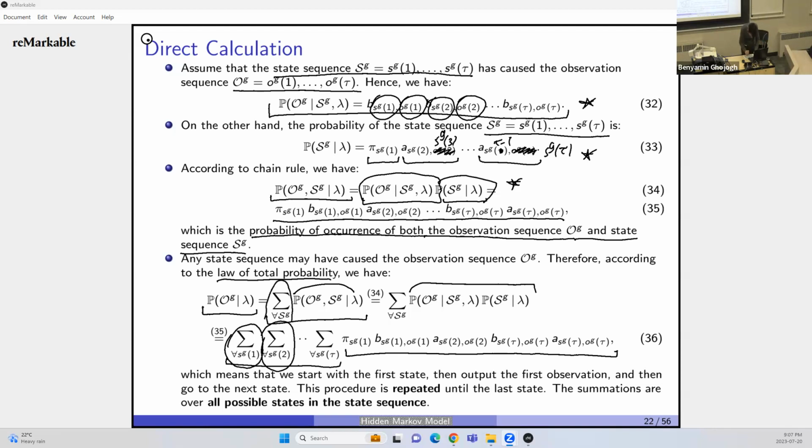Okay, which means that we start with first state, then output the first observation, then go to the next state. I repeat this procedure until the last state. The summations are over all possible states in this state sequence. Note that I'm talking about a specific observation sequence, OG, but the state sequence can be anything.